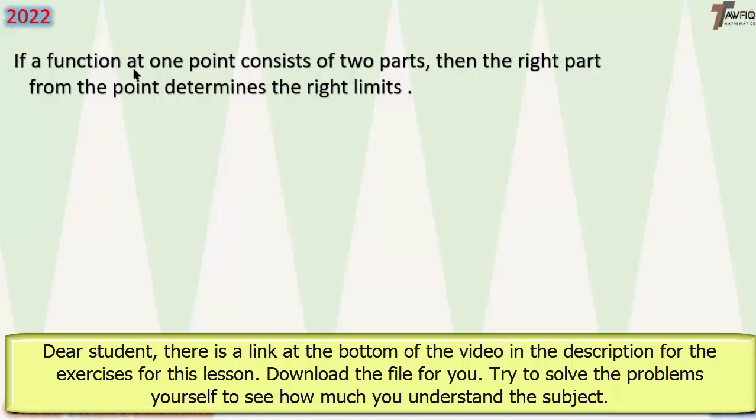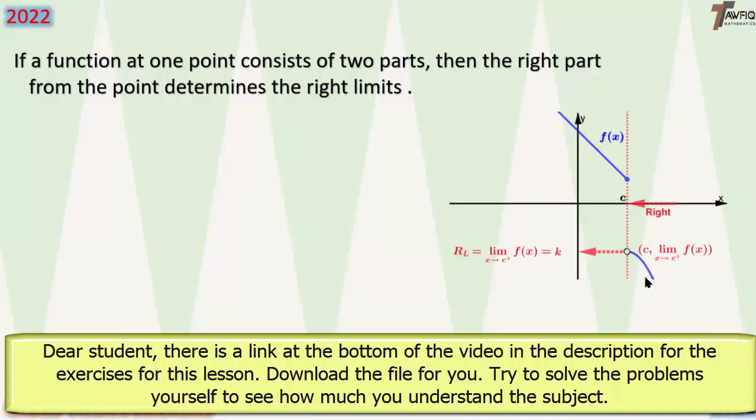If a function at one point consists of 2 parts, then the right part from the point determines the right limit. Here, when x is equal to c, the function becomes 2 parts. One of them is from the right. It gives us the right limit.